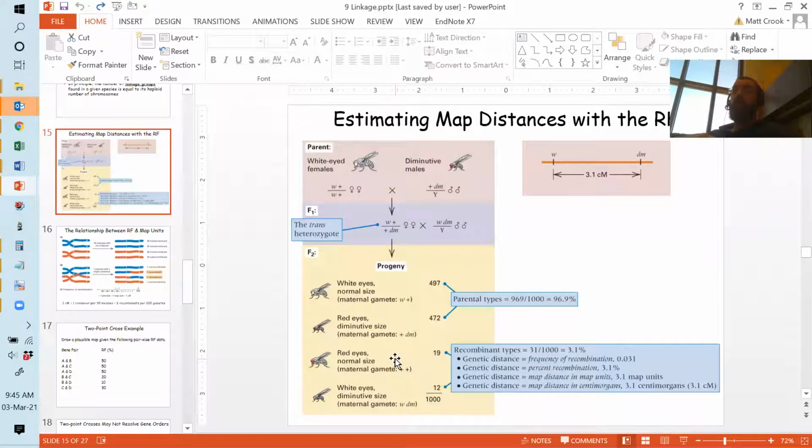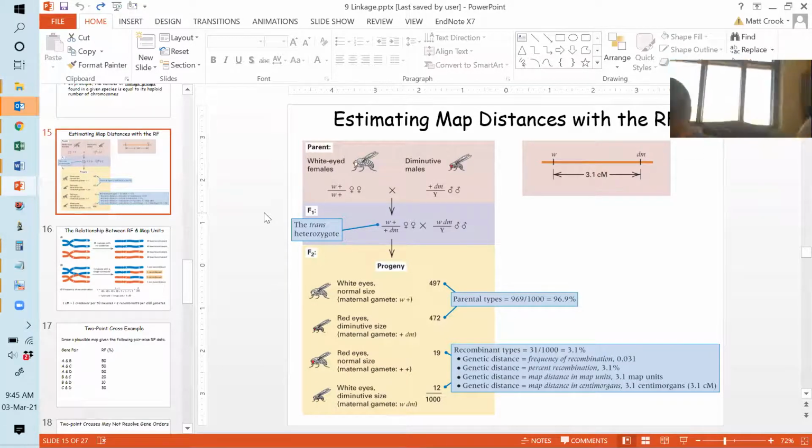Because they're present at far, far lower frequency. Now compare this to the other one that I just put up on the board. Do you think that white and DM, the genes, are closer or further apart than white and miniature wings? Just to refresh your memory.